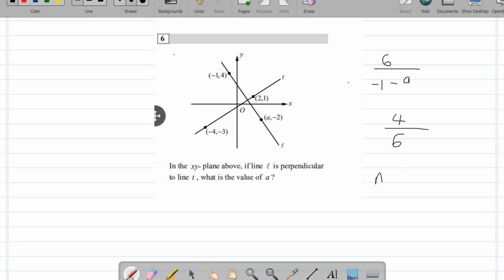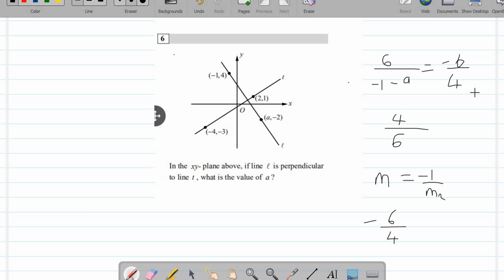Now remember that m is equal to the negative inverse of the other one, minus 1 over m2. So you have to make the negative inverse of 4 over 6. First of all, invert it, you have 6 over 4. Once you invert it, make it negative, and that's your answer. Minus 6 over 4 is the slope of this one.